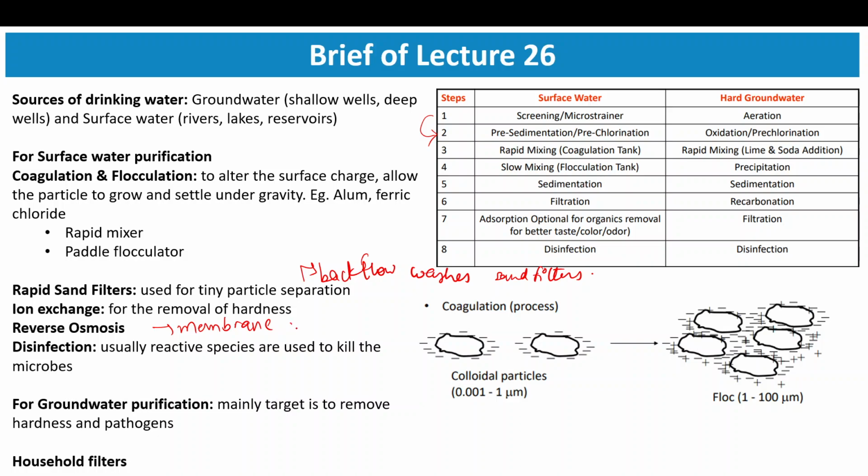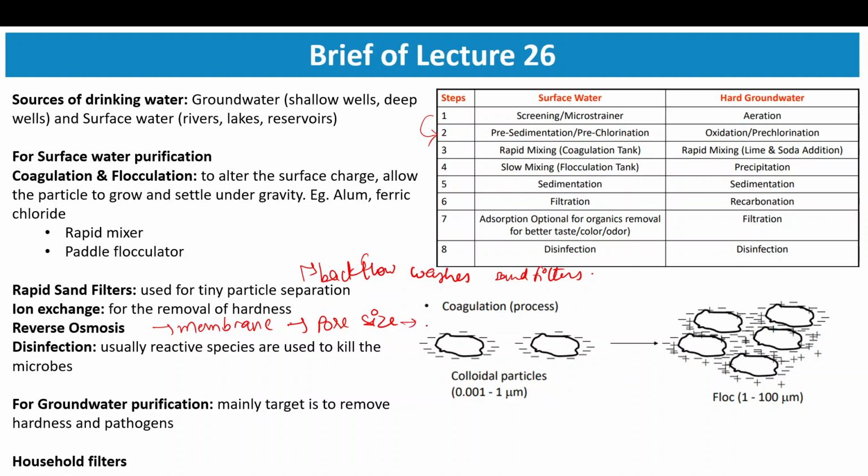These membranes are filters, and these filters have a pore size. These membranes can have varying pore sizes, and depending on that they can be divided into microfiltration, ultrafiltration, nanofiltration and reverse osmosis, based on the size of particles they can separate.